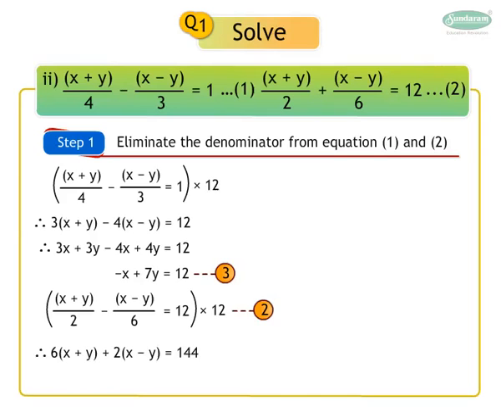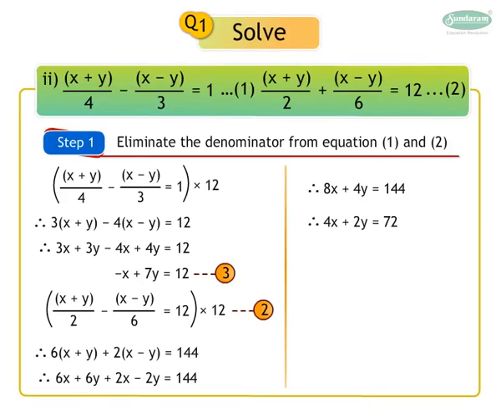We get 6x plus 6y plus 2x minus 2y is equal to 144. 8x plus 4y is equal to 144. So we get 4x plus 2y is equal to 72, which is equation 4.